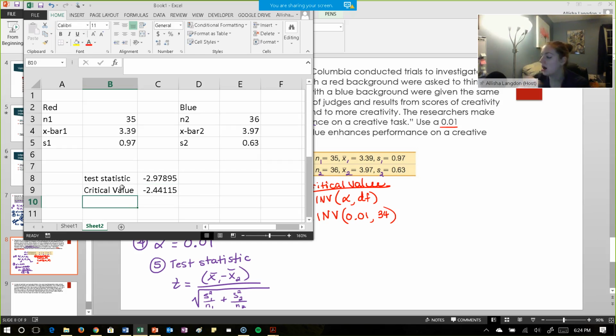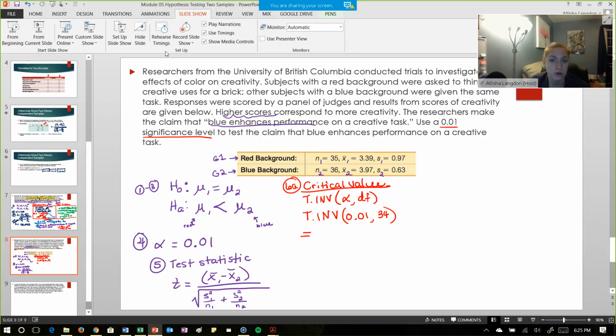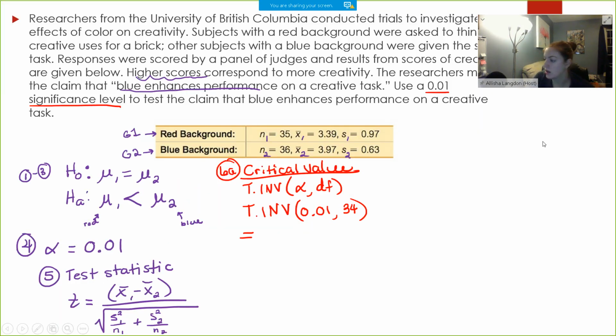It looks like our critical value is negative 2.44115. I will tell you on your homework, your critical value and your test statistic are going to be really, really close. So be careful with that. Don't round too much. Just a word to the wise.